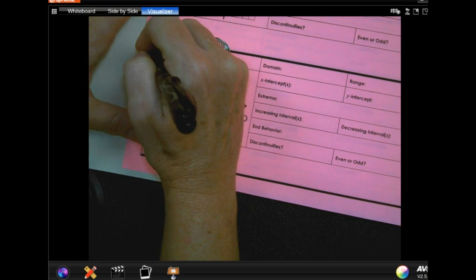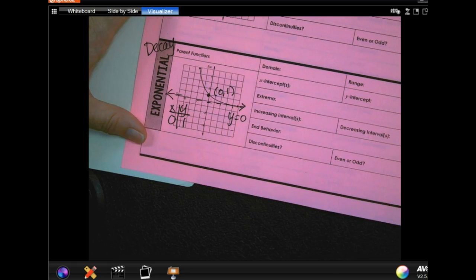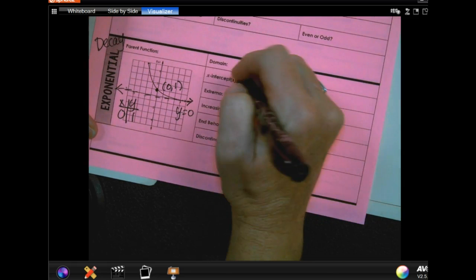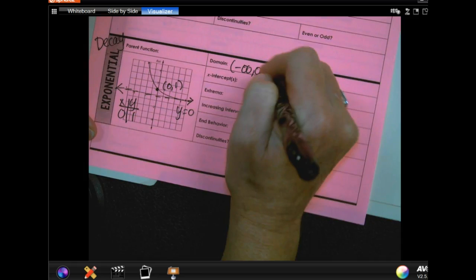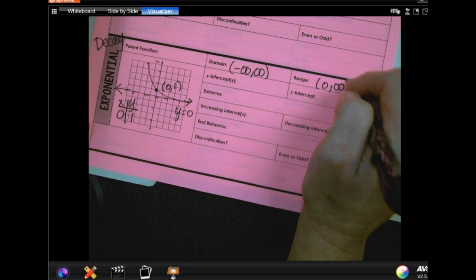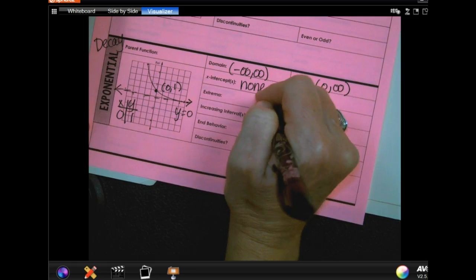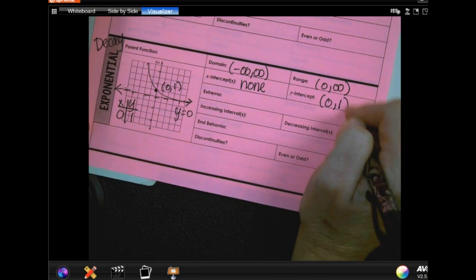This is exponential decay because it goes down on the right. The domain is still negative infinity to infinity. And what's the range? 0 to infinity. Do I have an x-intercept? None. The y-intercept is 0, 1.